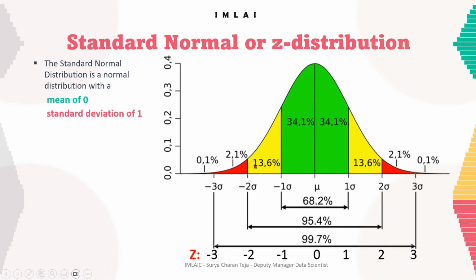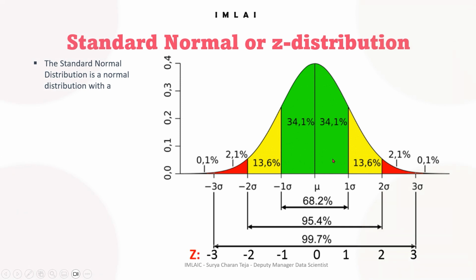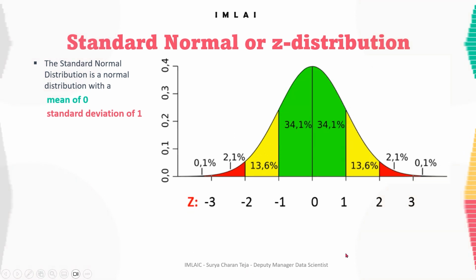I'll show it again one more time. Up to here, this is your normal distribution curve that we have seen before. When I convert this mean into 0 and standard deviation into 1, -3 sigma will be replaced with -3, -2 sigma with -2, -1 sigma with -1, and it ends up becoming like this.